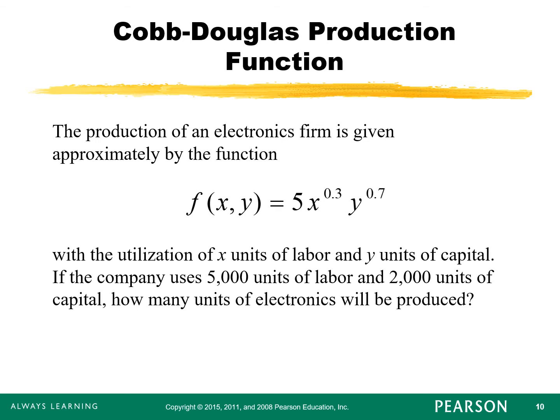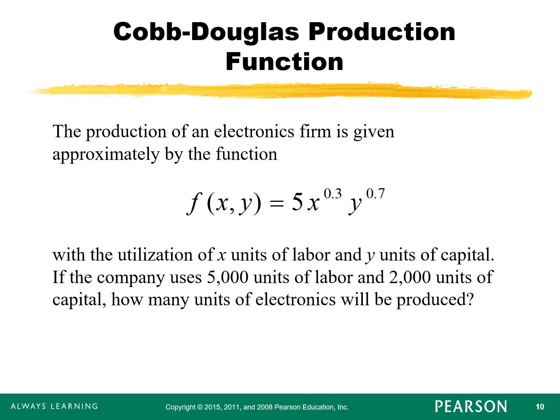The production of an electronics firm is given approximately by the function f(x, y) equal to 5x to the 0.3 times y to the 0.7, with the utilization of x units of labor and y units of capital. If the company uses 5,000 units of labor and 2,000 units of capital, how many units of electronics will be produced? Now, we are going to use 0.3 and 0.7, right? We learned that m plus n should be 1, and we can see that right there.